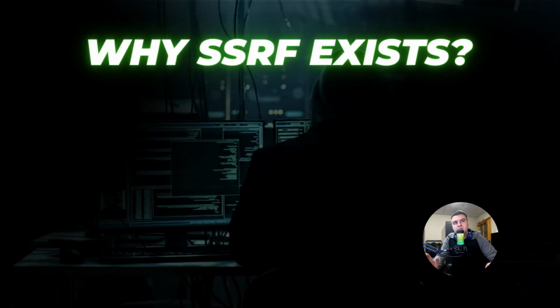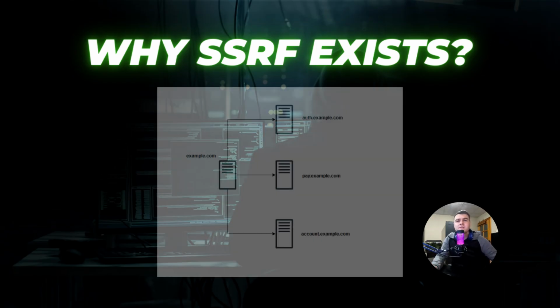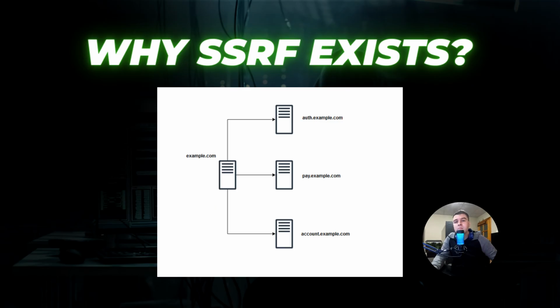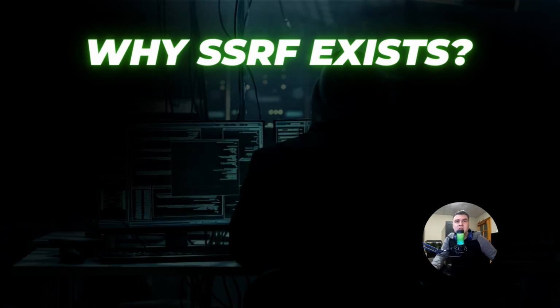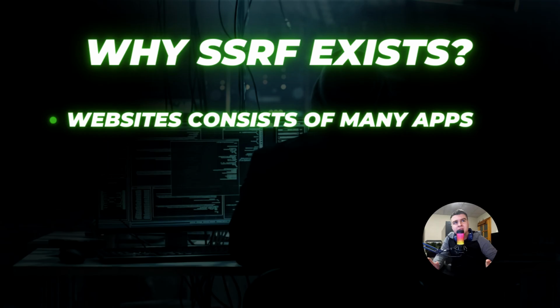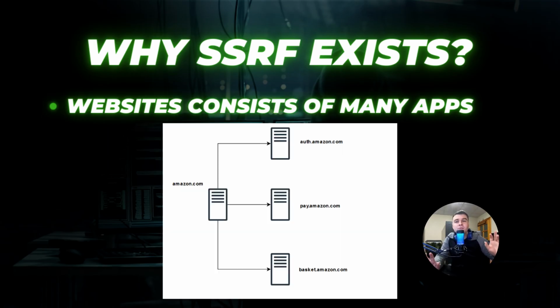Websites nowadays have different architectures, and as they grow, developers usually tend to implement service-based or microservice-based architectures. That means if there is a website, let's say Amazon.com, it might consist of many different applications. For example, there might be an authentication application responsible for authenticating users, a payment gateway responsible for financial interactions, and a shopping basket just for holding items.